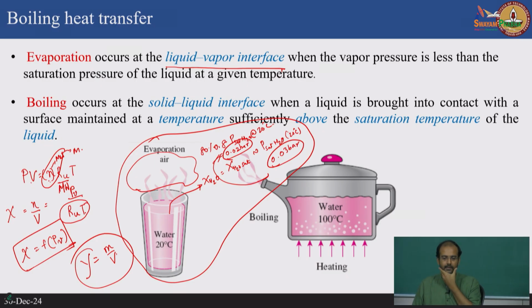So, evaporation is a phenomenon that can happen completely under isothermal conditions. You do not need any driving temperature difference; it is only driven by concentration difference or partial pressure difference. And I gave you the example of how, depending on the relative humidity, this driving potential is created. If your air is completely saturated with water vapor, then there is no concentration gradient, and therefore no evaporation.